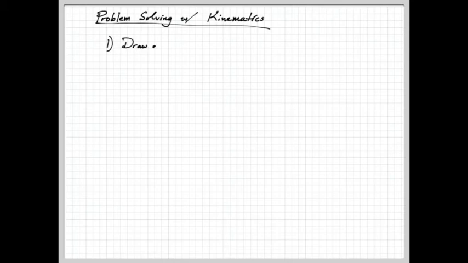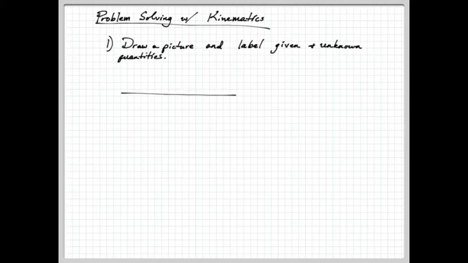The first would be to draw a picture. You'll notice that whenever I do examples, all I'm doing is drawing pictures. Typically the problems in the book are not given to you in picture form, they're given to you in word form, so you have to know how to take that and interpret it into a picture. In the notes I always default to a car.